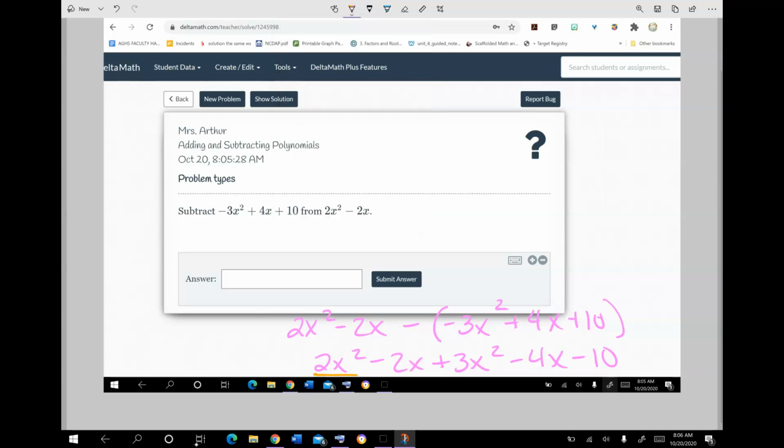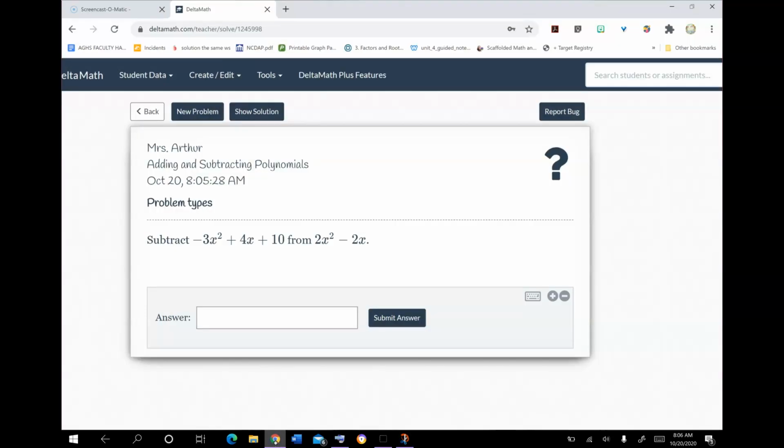So 2x squared and 3x squared make 5x squared. And then a negative 2x and a negative 4x make a negative 6x. And then you just bring down the negative 10. So it's 5x squared minus 6x minus 10.